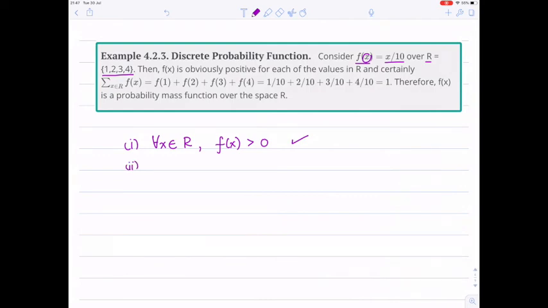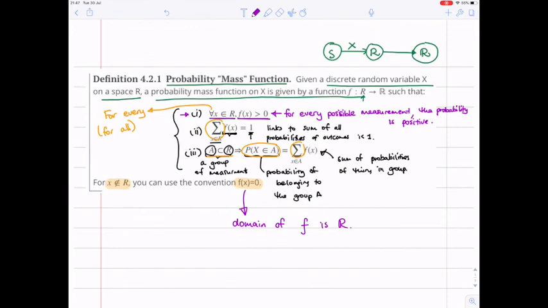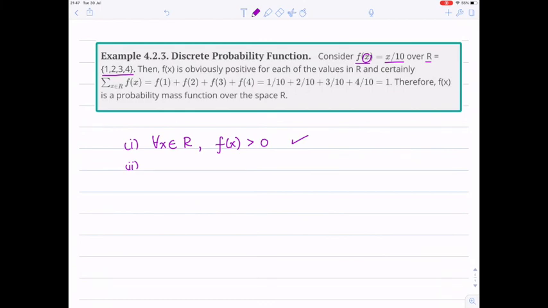Then the next thing we want to check, if we go back, is that if we sum up all the values of our function over all the elements of our range, we get 1. So let's have a look. Our sum over x in R of f of x is going to be f of 1 plus f of 2 plus f of 3 plus f of 4.